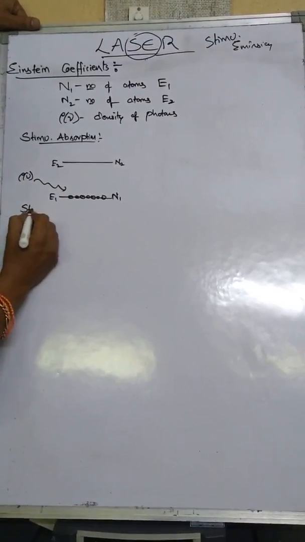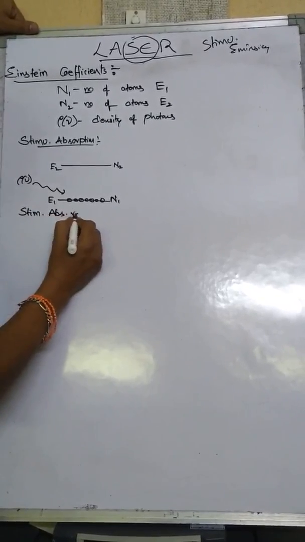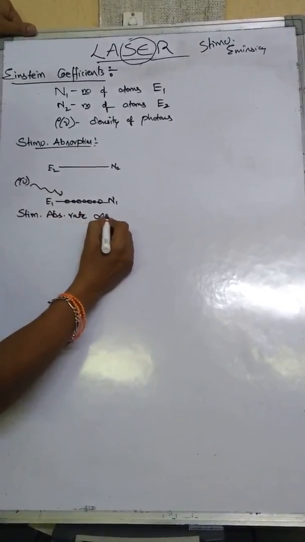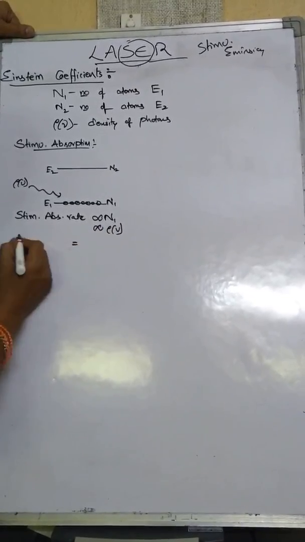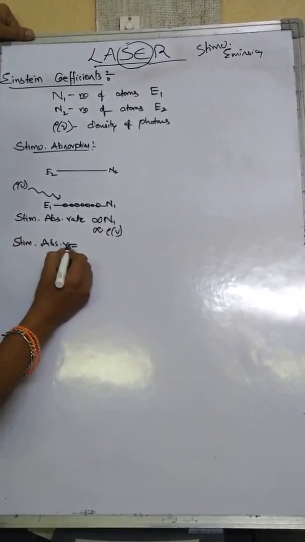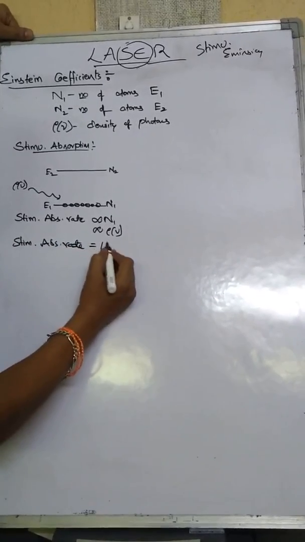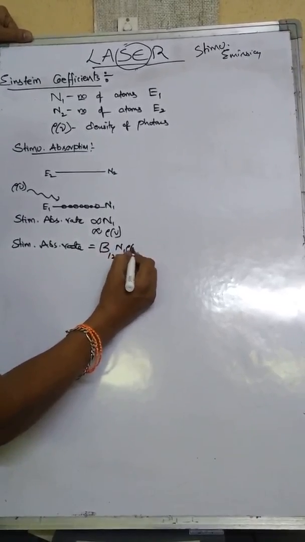Einstein's absorption rate mathematically depends on N1 and is proportional to rho nu, and with the equality, the stimulated absorption rate is equal to B12 N1 rho nu.